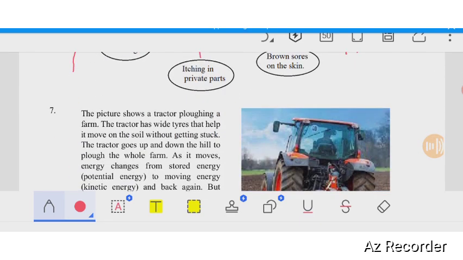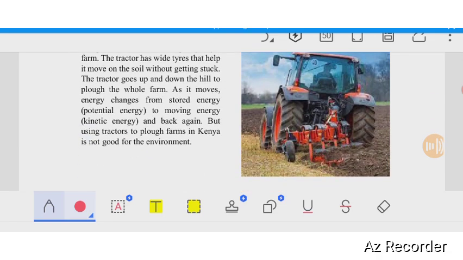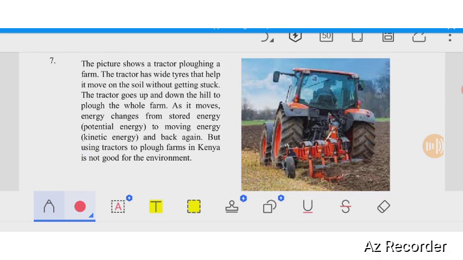The next question, which is the last question, shows a picture of a tractor on the farm. Let's read the question. The picture shows a tractor plowing a farm. The tractor has wide tires that help it move on the soil without getting stuck. The tractor goes up and down the hill to plow the whole farm.